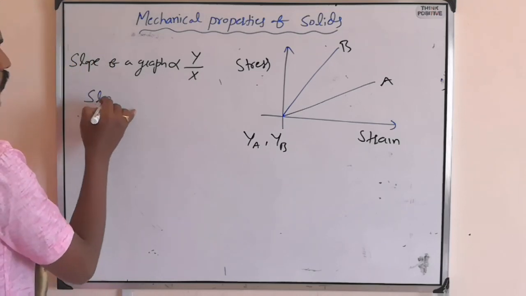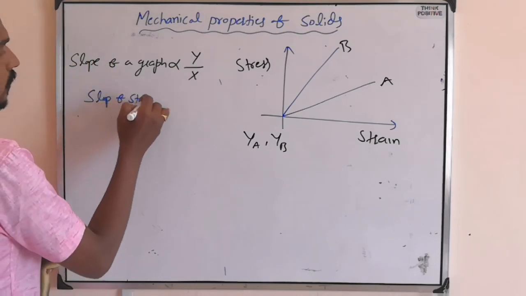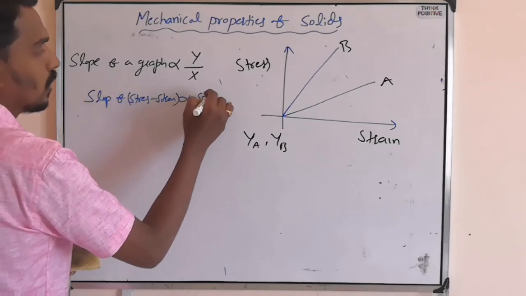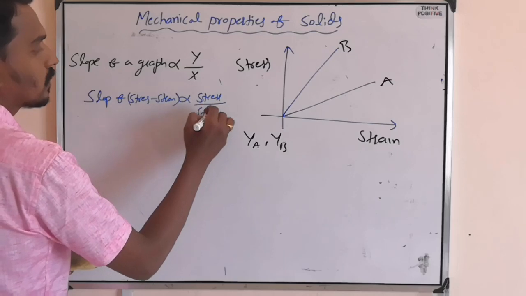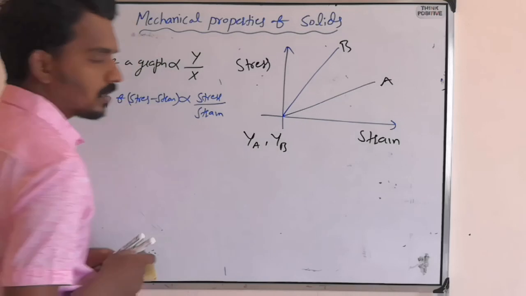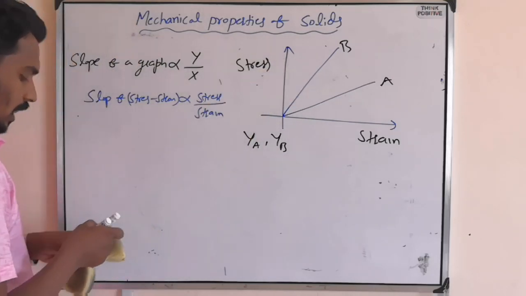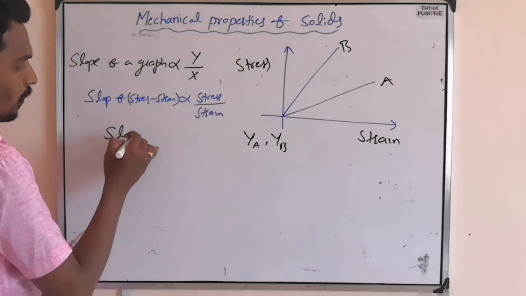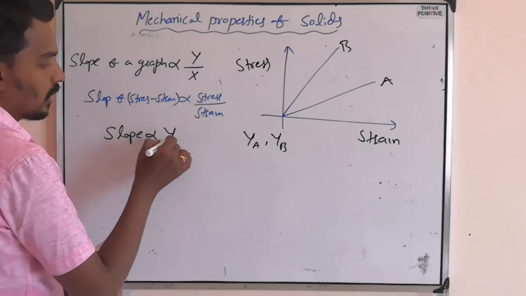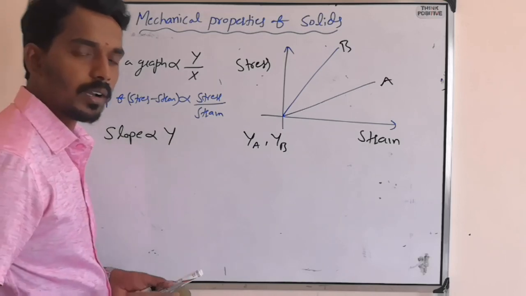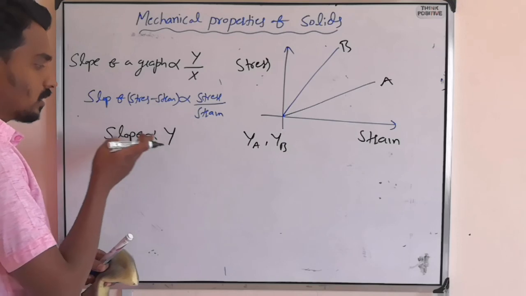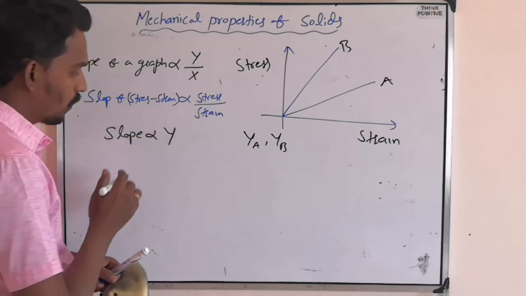So the slope of stress versus strain is proportional to stress by strain, because the y quantity is stress and the x quantity is strain. So the slope is directly proportional to stress by strain, which is nothing but Young's modulus. So Young's modulus is directly proportional to slope.